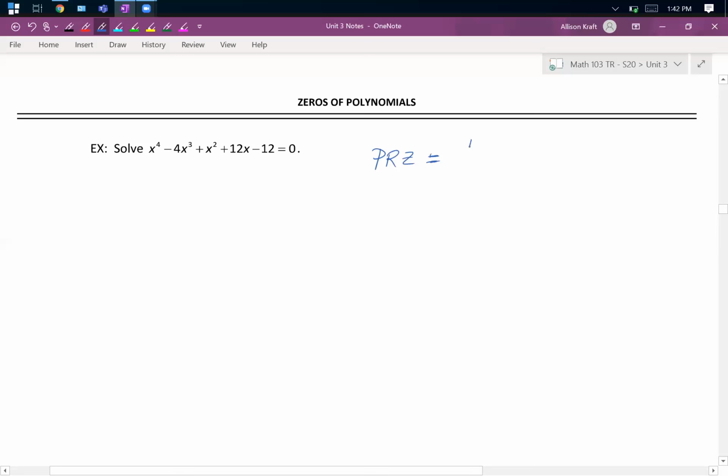Positive rational zeros: factors of 12, 1, 2, 3, 4, 6, 12, divided by the factors of our constant, which is just 1.